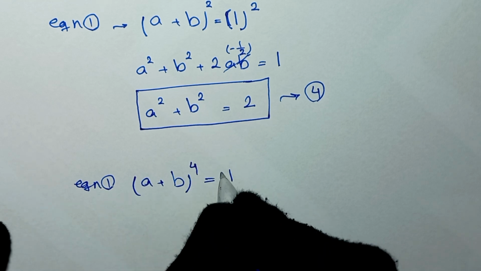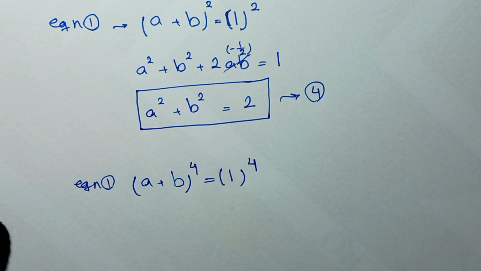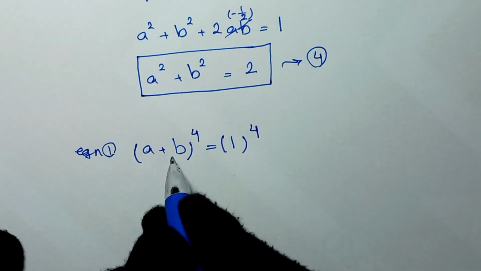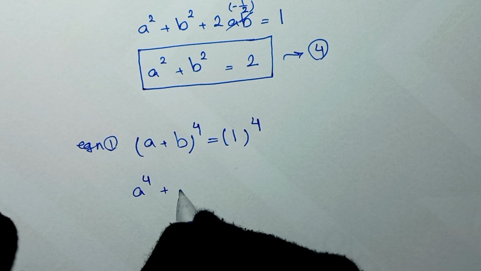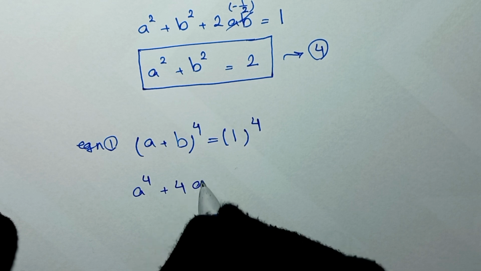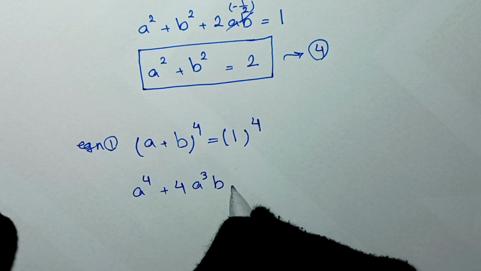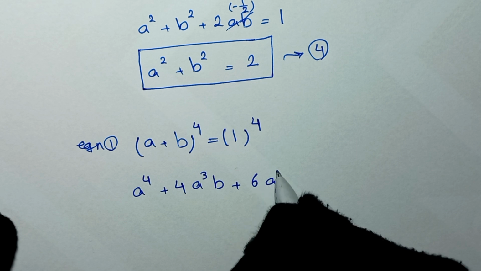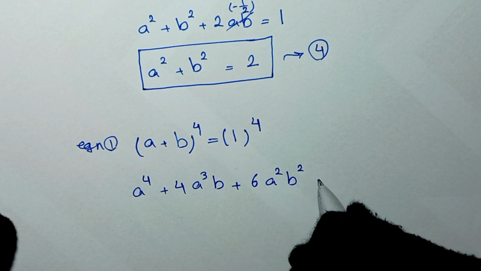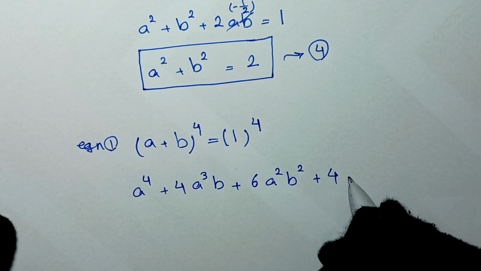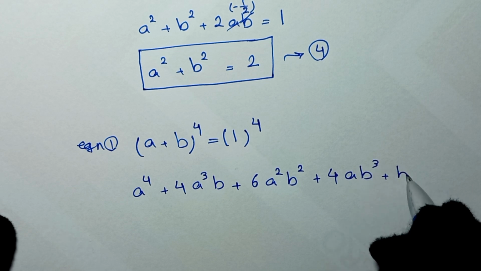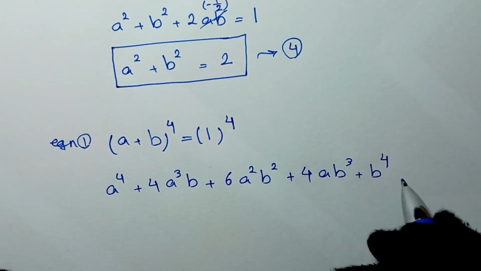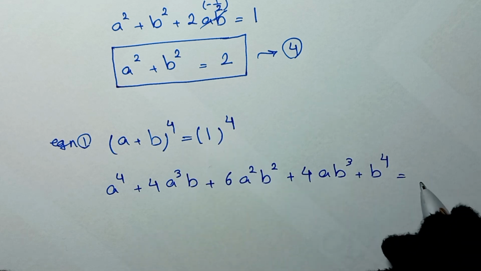So (a plus b) to the power of 4 will be a to the power of 4 plus 4a cubed b plus 6a square b square plus 4a b cubed plus b to the power of 4, which is equal to 1 to the power of 4, which is 1.